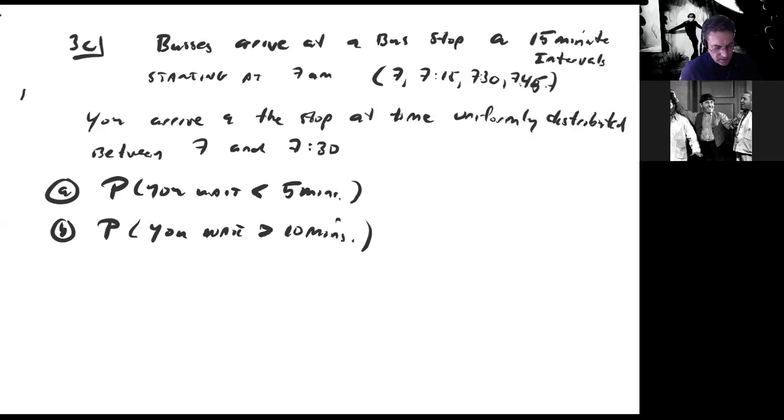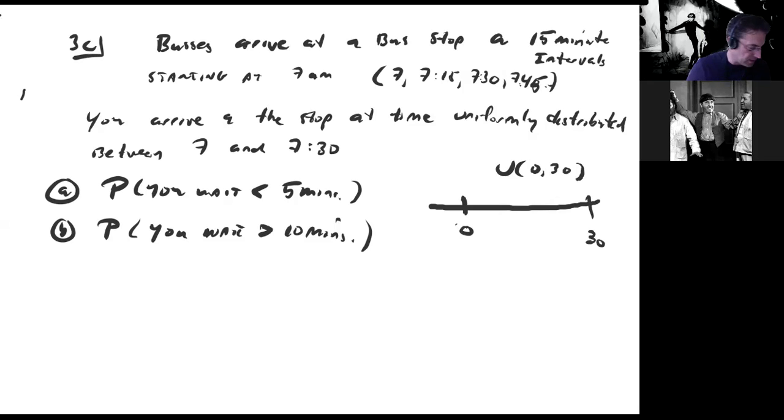Okay, so here's the deal. We're between 7 and 7:30. We're uniformly distributed. So if we think of 7 a.m. as time 0, we have a 30-minute interval. So this is U(0, 30). The alpha is 0, the beta is 30.